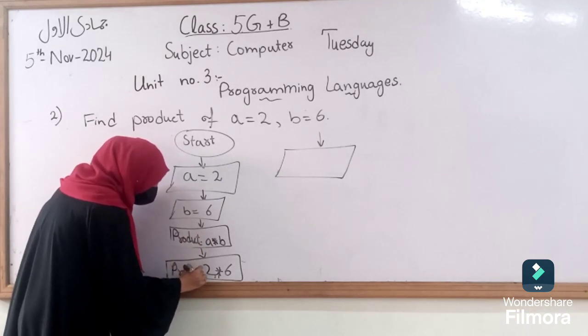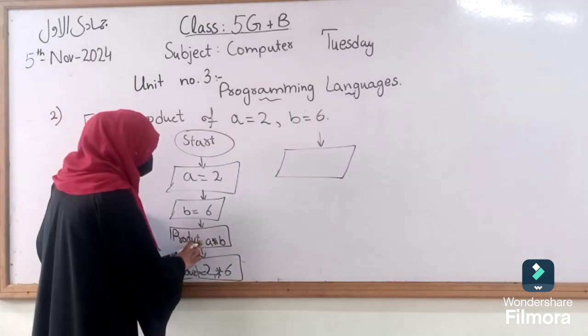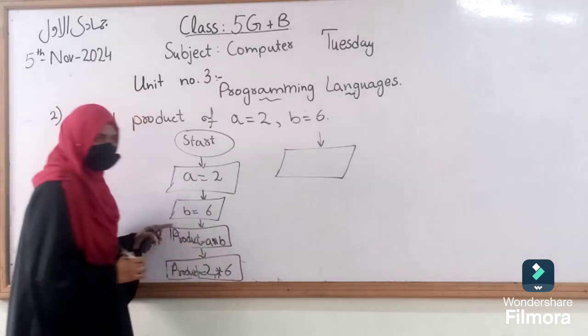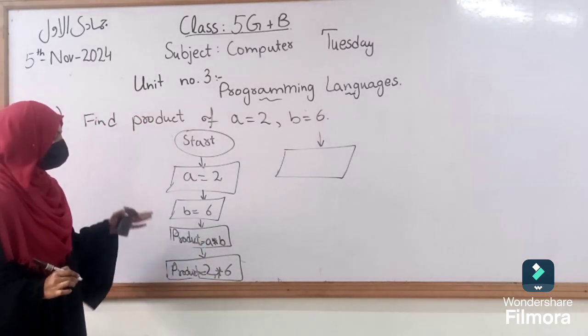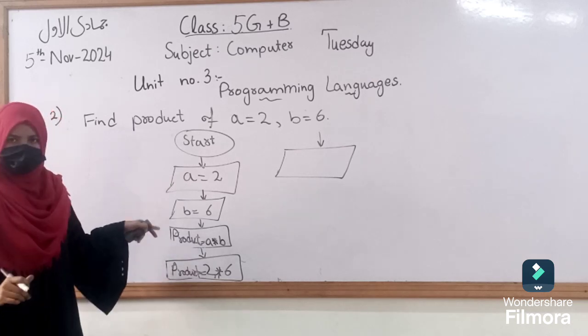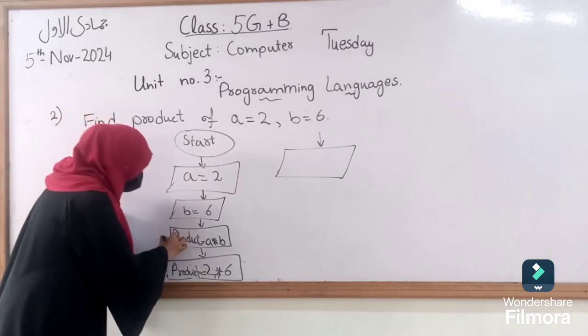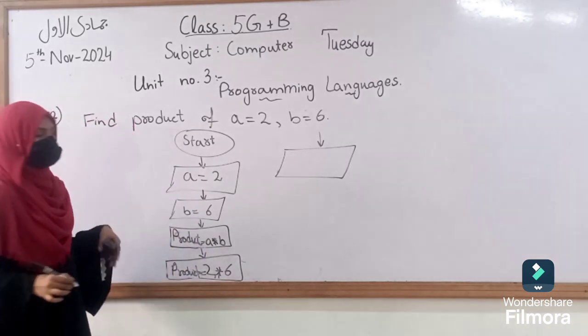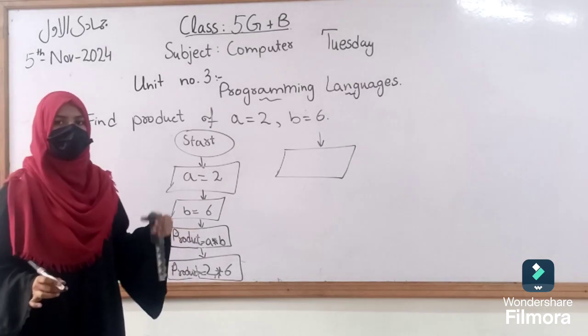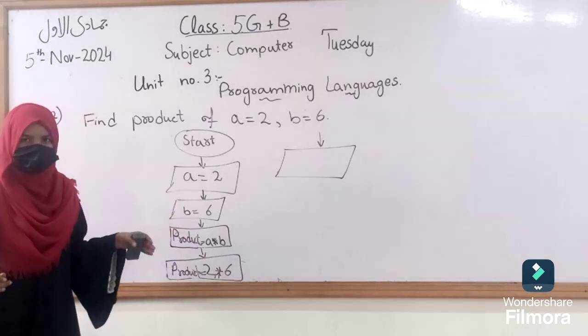Students, you don't have to write sum. If you are finding the sum, then you need to write sum. If you are finding the product of the two values, then you need to write product. And if you are calculating the value of the average, then you need to write average.